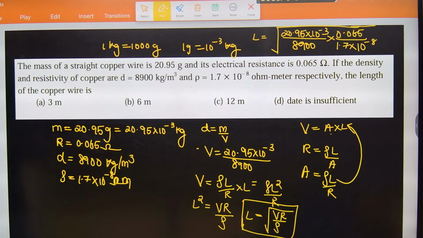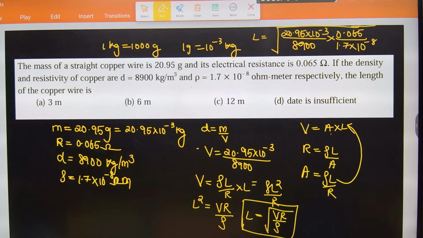So can you give the answer for this question? We will see. So what's the answer for this question?